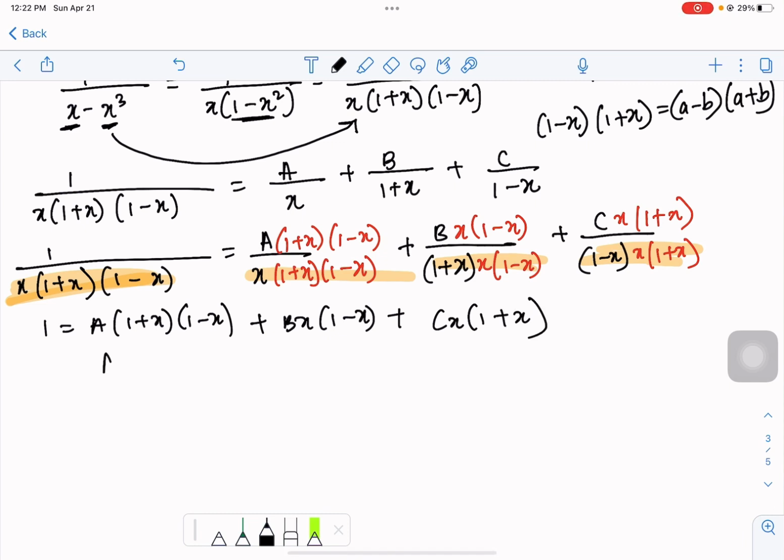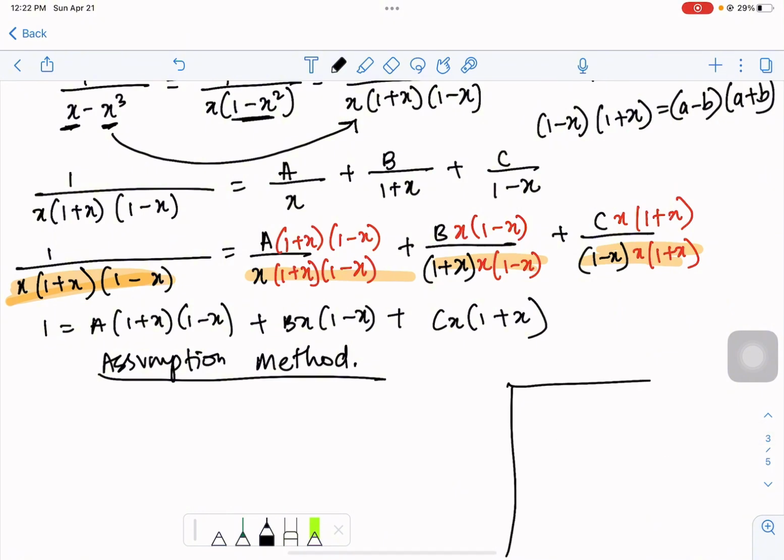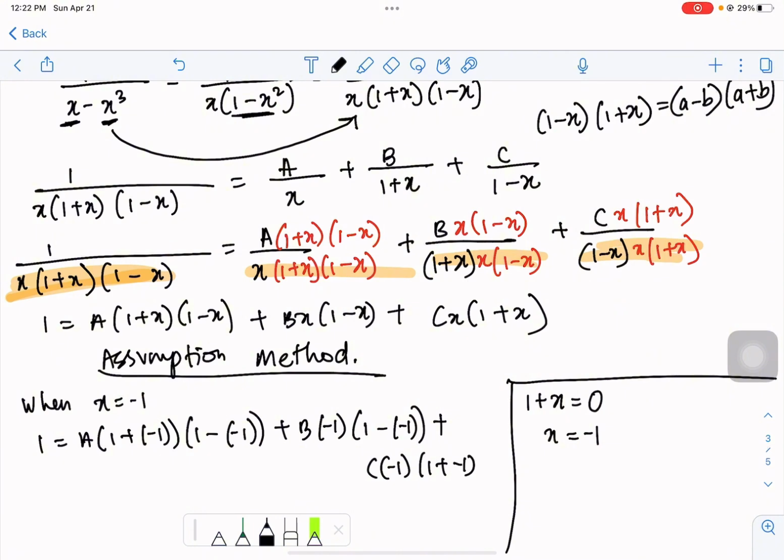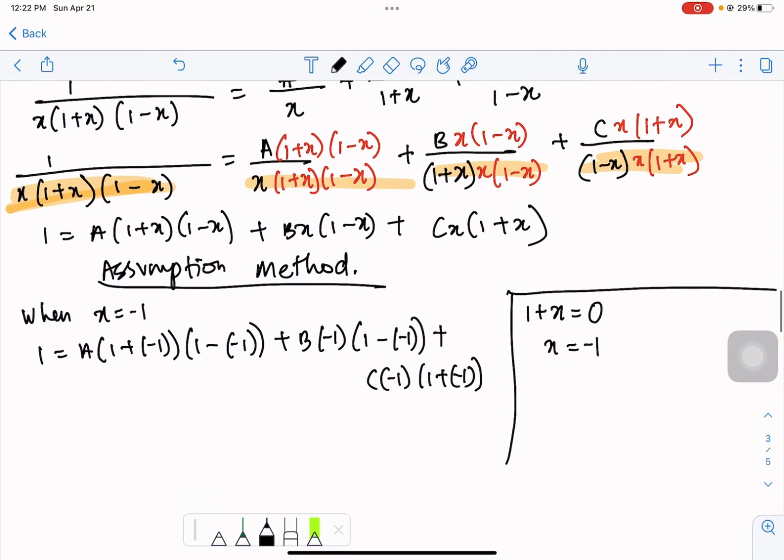Now you can use the substitution method. So wherever there is x, replace by negative 1.